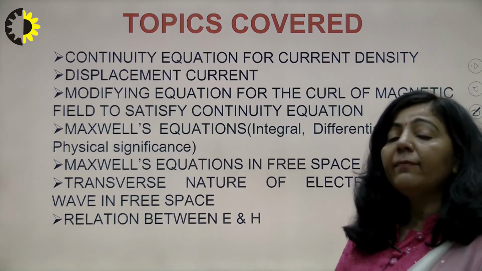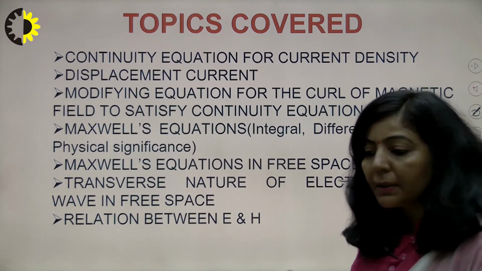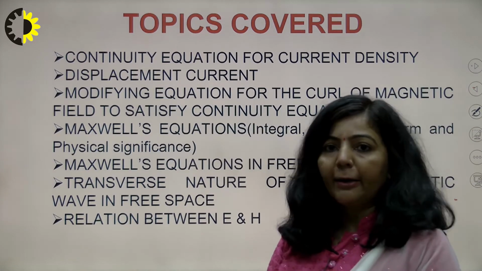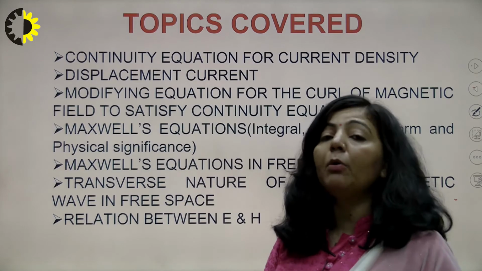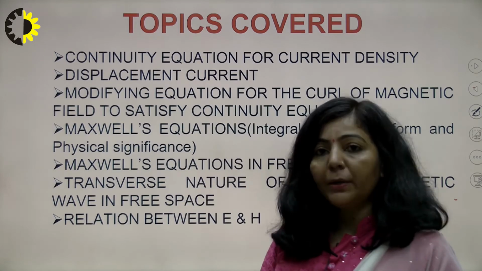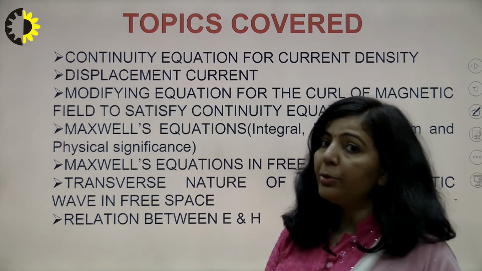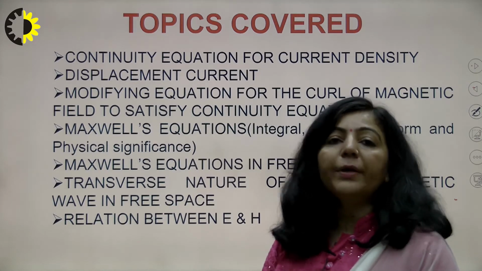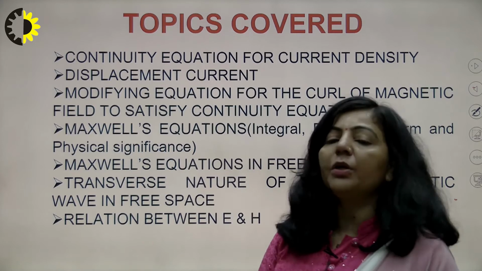But before that we discussed the basic concepts involved in this electromagnetic field theory. We discussed three very important operators, that is gradient, divergence and curl, and then two theorems: one is Gauss divergence theorem and the second one is Stokes theorem.